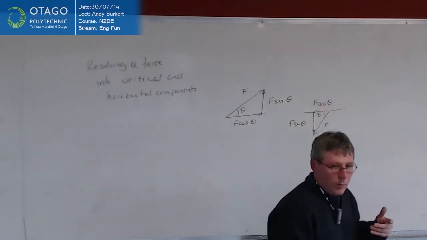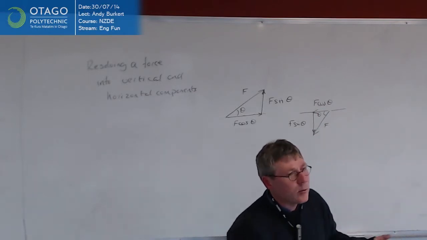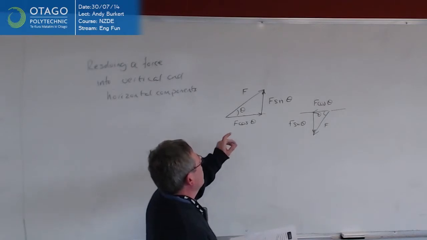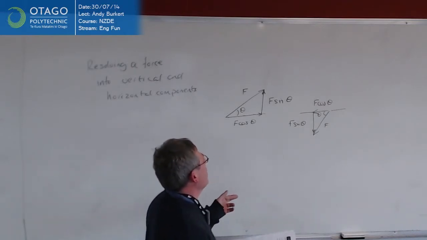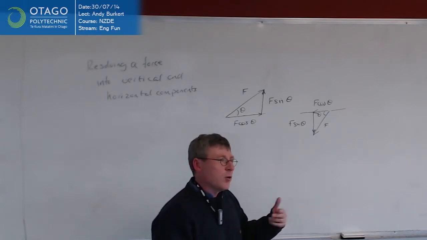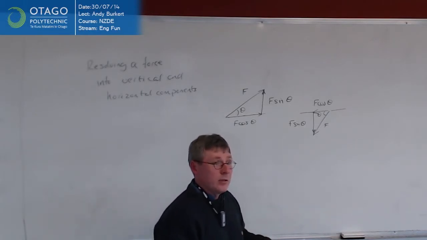So when we're resolving, if we know the angle to the horizontal, the vertical component is always F sine theta and the horizontal is F cosine theta, and if we know the angle to the vertical, they switch round.